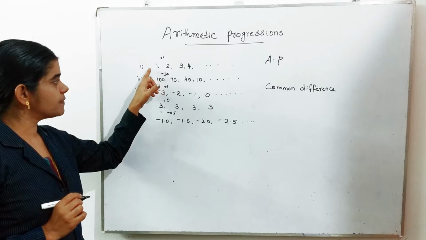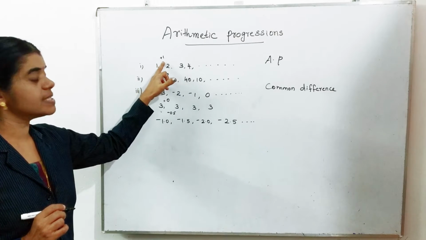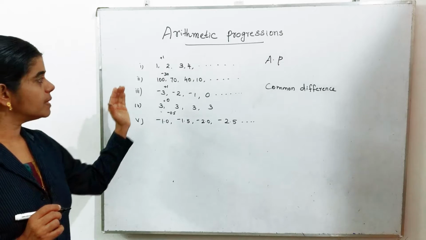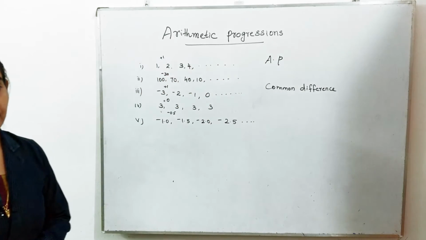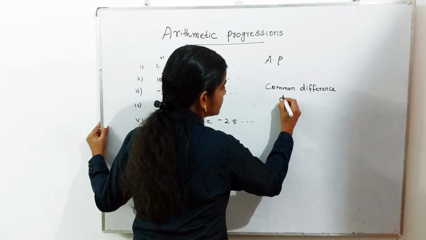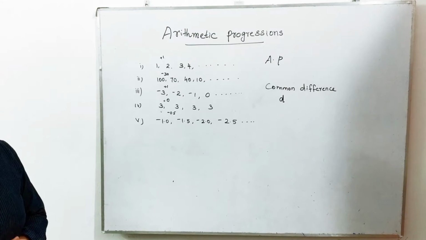Thus, in the first AP, the common difference is 1 because we are adding 1 to the previous number, you are getting the next term. This common difference we denote by D. The small letter d we are using for the common difference.